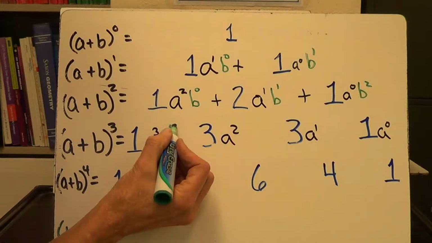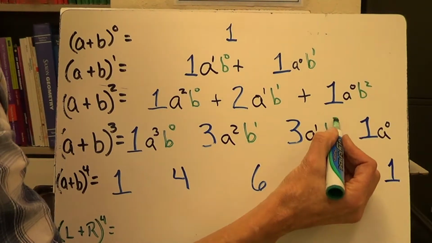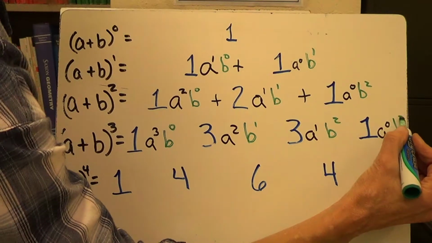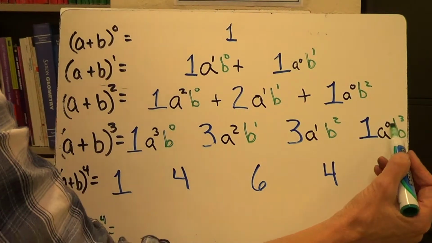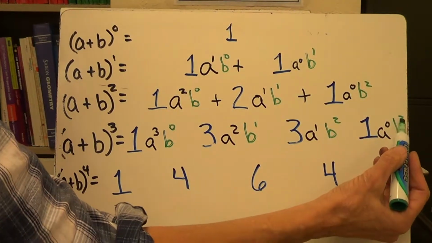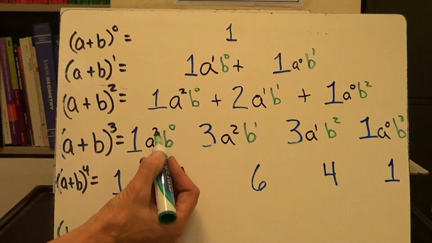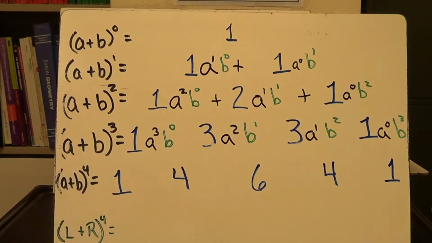B to the 0th, b to the first, b to the second, b to the third. So again, the exponents on my variables always add up to 3. 3 and 0 is 3, 1 and 2 is 3, 2 and 1 is 3, 3 and 0 is 3. That's my third row. Okay?